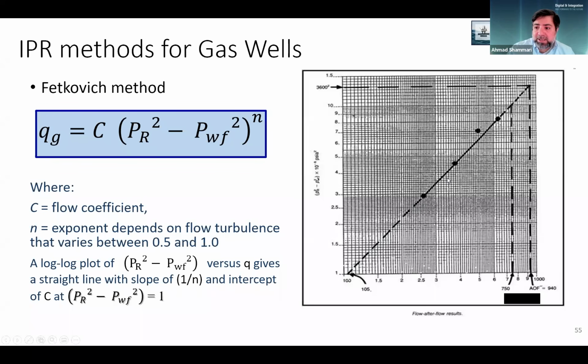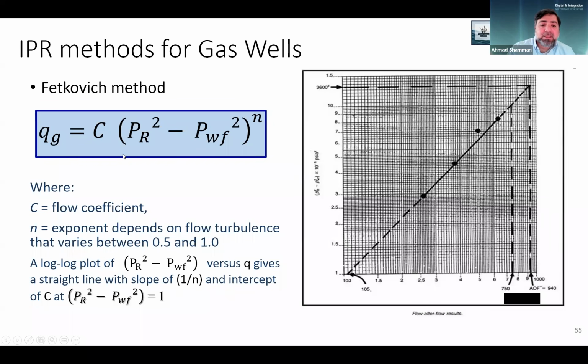And then when I extend this into the maximum, where this term here equals the reservoir pressure, then, sorry, flowing bottom pressure of 0, which means that this becomes P reservoir pressure square, then I can get the absolute open flow. The slope of this straight line is N, right?